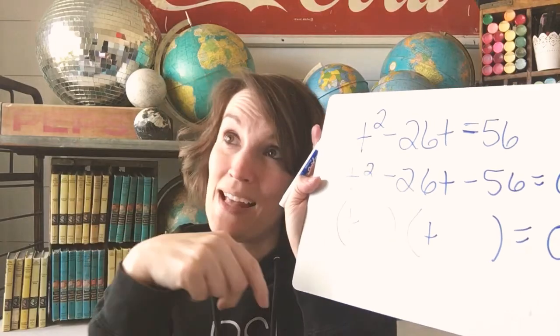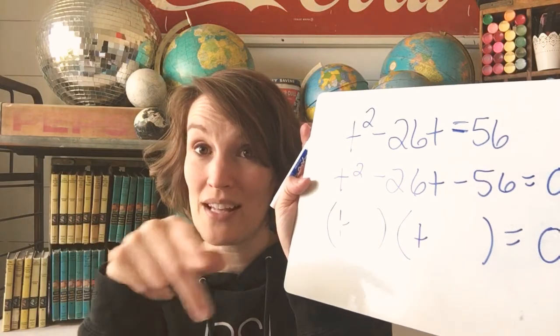But they add to 15, subtract to 1, so that's not it. 1 and 56, that's not it. 4 and 14, subtracts to give me 10, adds to give me 18, that's not it. How about 2 and 28? Adds to give me 30, subtracts to give me 26. That's my winner. So 2 and 28.